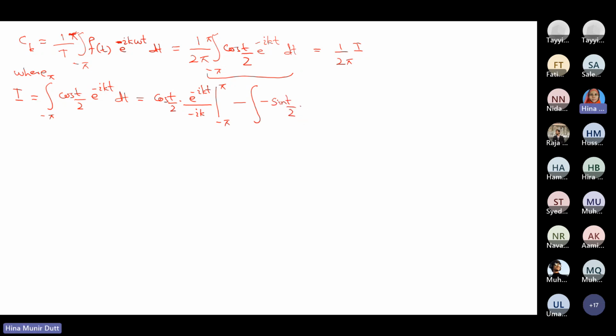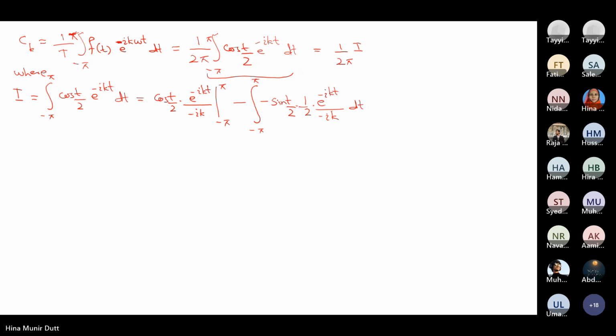Taking the derivative of sine of t over 2, I have to multiply it with the derivative of the angle, which is 1 over 2, into the integral of the second function, which is e to the power minus iota kt over minus iota k, from minus pi to pi dt.